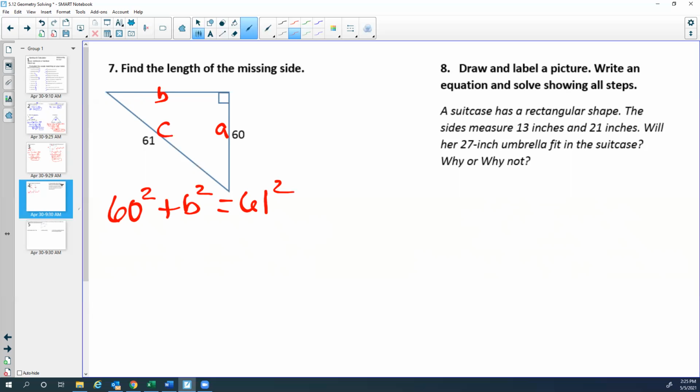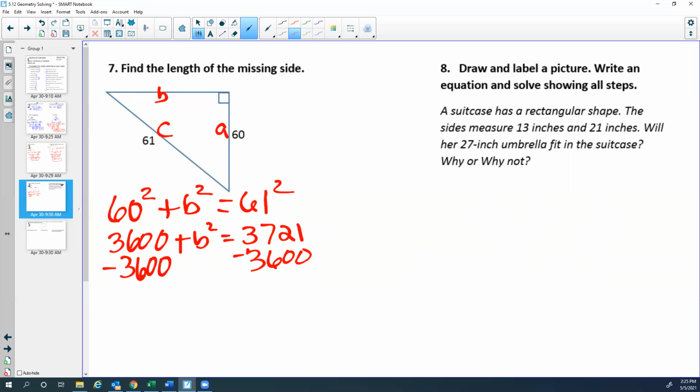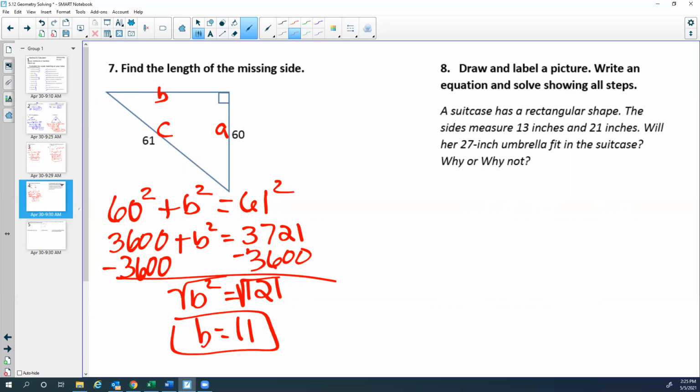So really I have 3,600 plus B squared equals 3,721. Now, when I subtract 3,600 from both sides, I get B squared equals 121. And then when I take the square root, I get B equals 11. And that is my answer.